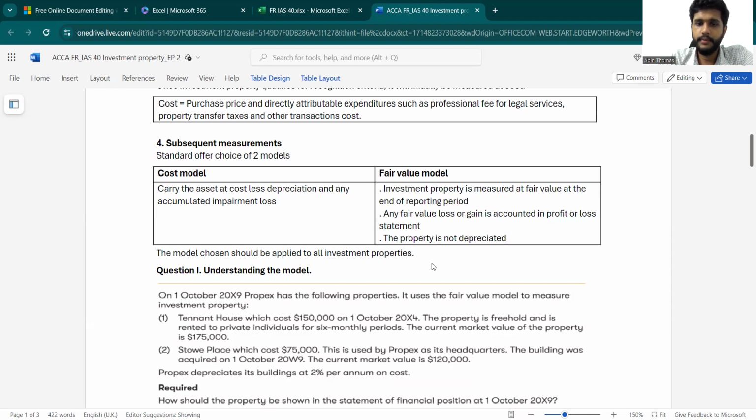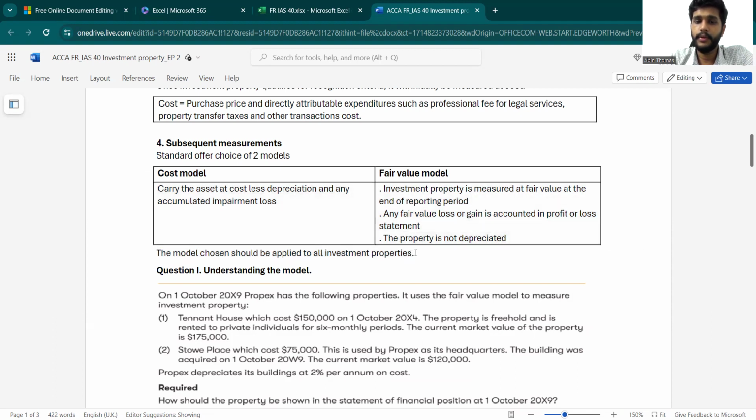Whenever the management uses a specific model, they should apply it to all the investment properties. If the management uses the fair value model, then they should use the fair value model for all the investment properties they are handling. I am saying this very cautiously because it will be tested in our FR exam.